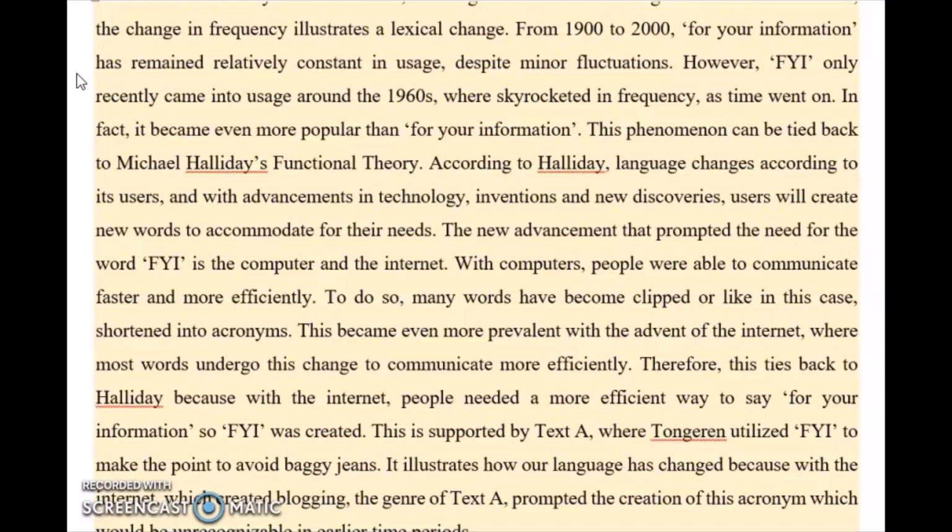So after that, you must talk about the reasoning, that is why there is an increase in the usage of FYI, the shorter form, and a decrease in the bigger form, that is "for your information."